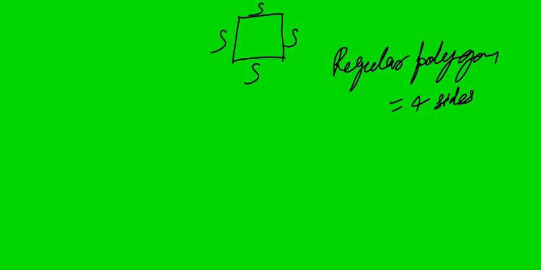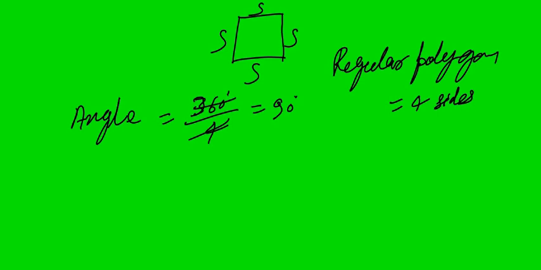So simply you have to find out the angle of rotation. For the angle of rotation, faces are 4. So definitely we have to divide the complete 360 degrees by 4, we will get 90 degrees. That means when you rotate by 90 degrees, we will not get any changes.